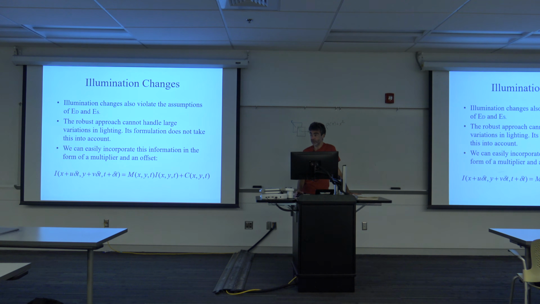That cannot be described with a simple multiplier, right? So this is exactly the same model. If you take M out and C out, this is exactly the same model that we had before, right? But all I've done, I've added a multiplication term here and an addition term. That's it.